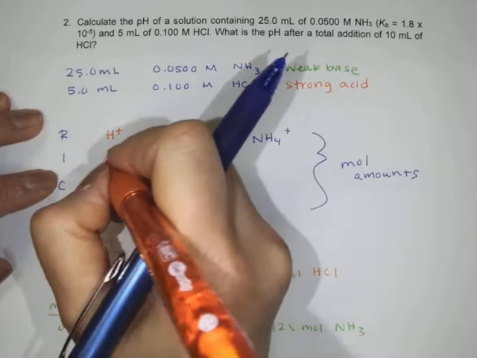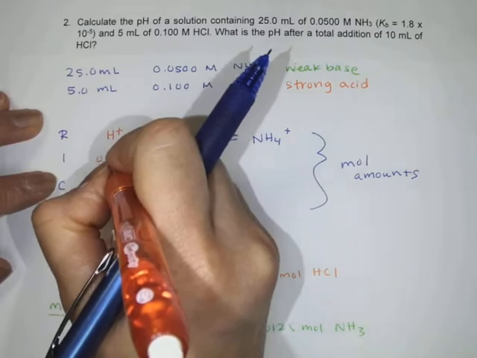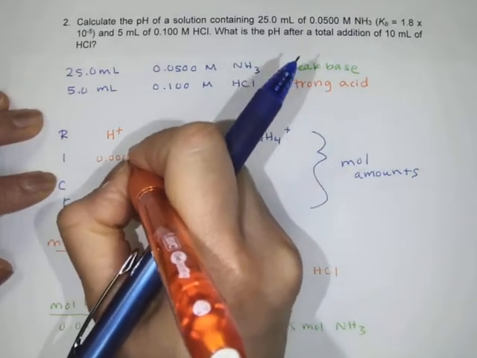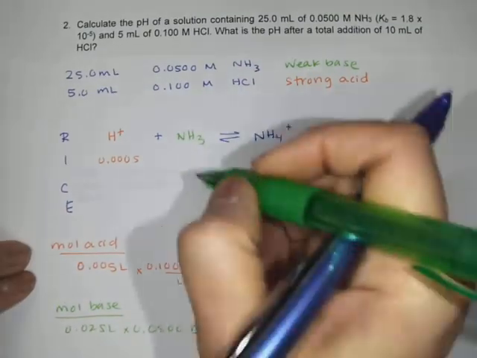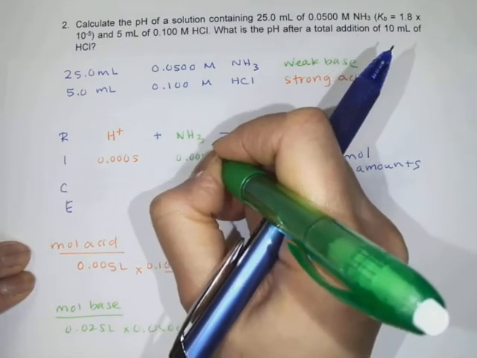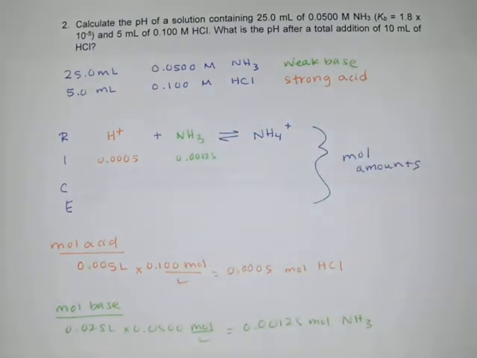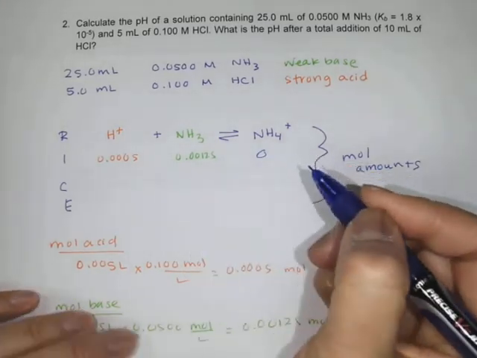So for H plus, we have 0.0005, and NH3 is 0.00125. And those are, again, in mole amounts, and that's not in moles per liter. Also, the ammonium at that point is going to be 0.